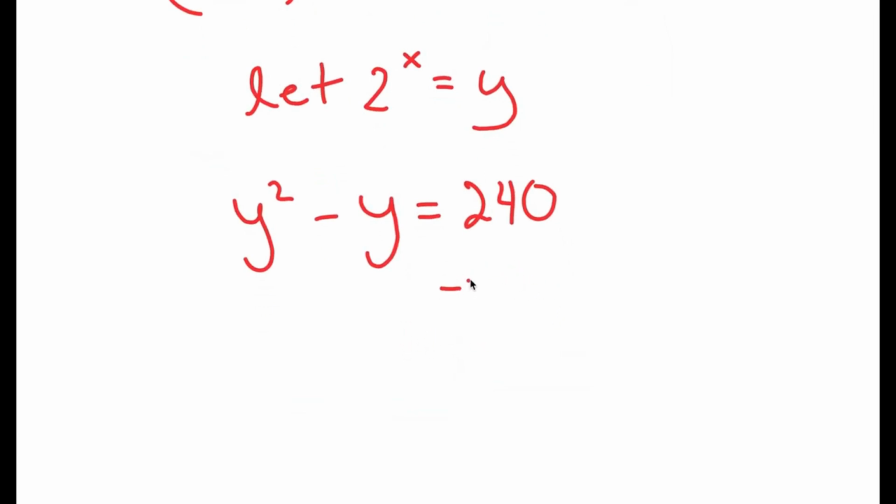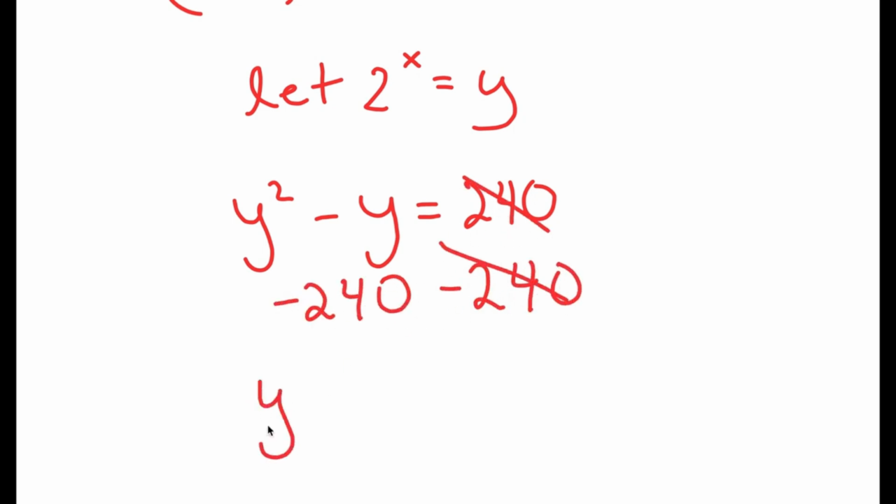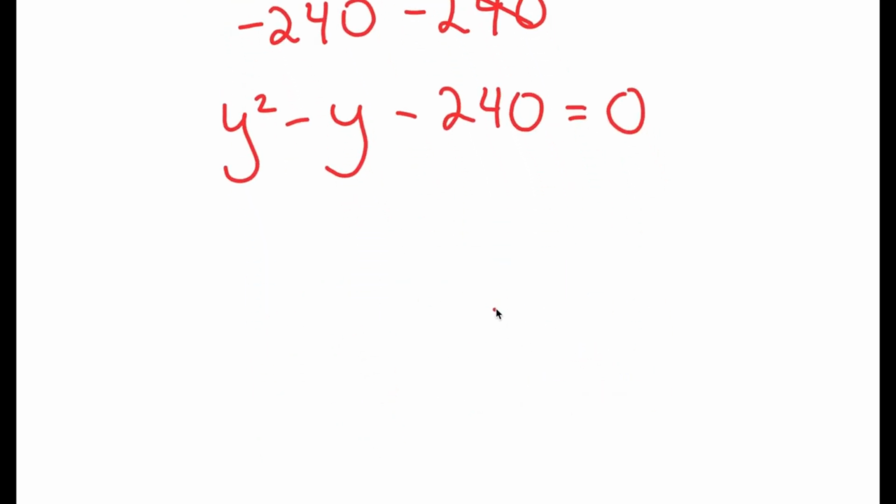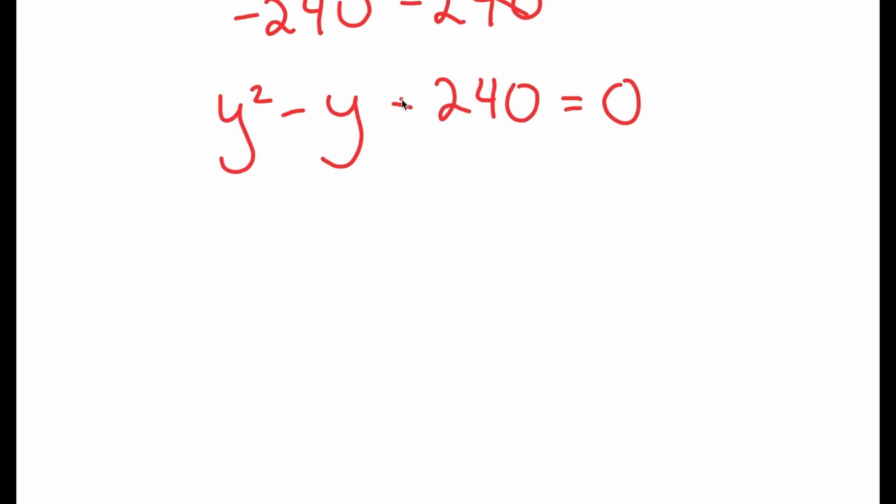And now, I can subtract 240 on both sides. So these two cancel out, and I get y squared minus y minus 240 is equal to 0. So what I have here is a quadratic equation. And to find the solutions of this quadratic equation, I can use the quadratic formula.